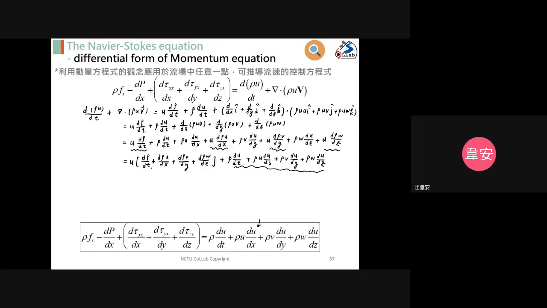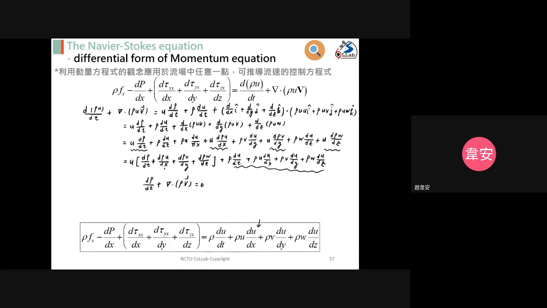That's why. So if we take a look, this is quite similar to our differential form of the continuity equation. As we know, the previous slide showed the differential form of the continuity equation is d rho dt plus the divergence of rho V vector equal to 0.